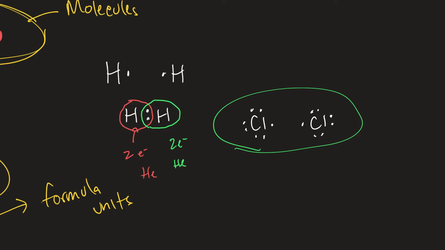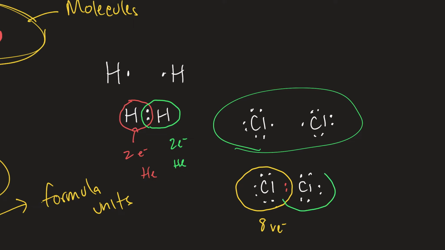So when we draw the diagram here, they're going to share these 2 electrons here. And by doing that, if you look at the left chlorine, now this chlorine has access to 8 valence electrons, much like the noble gas argon, which is next to it, right? And then this chlorine also has access to 8 valence electrons, all right?